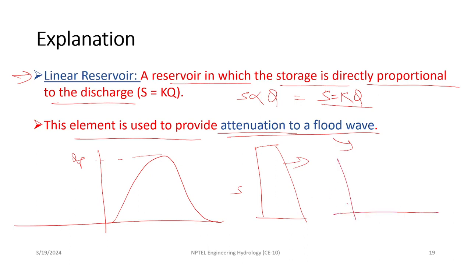If I plot the hydrograph again, you will see that the peak is now controlled and has a lower value. If this is 1 and this is 2, I'm just drawing a line: the difference in the peak you can see. Whatever difference you are observing due to the presence of the reservoir is considered attenuation. This is called attenuation.